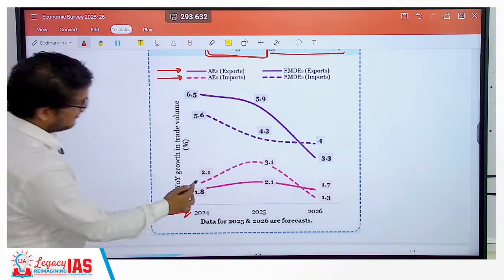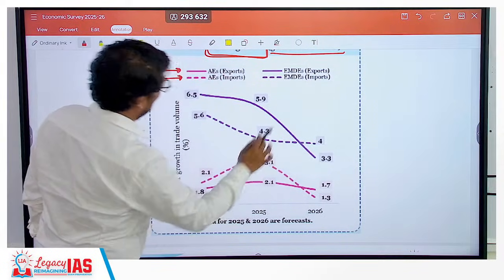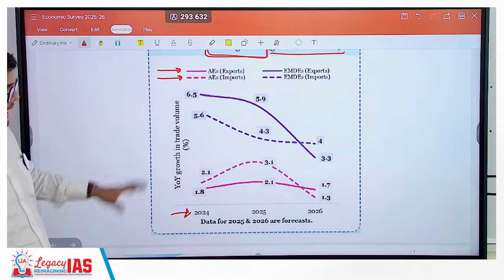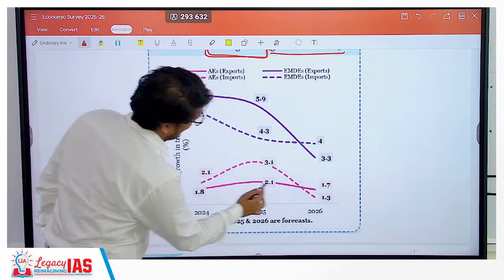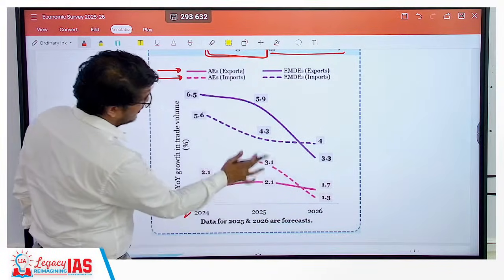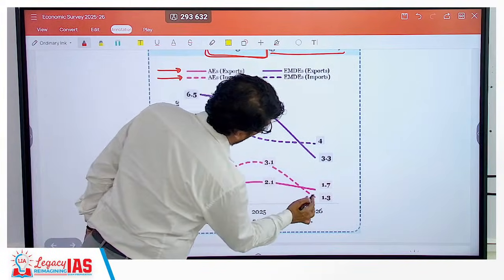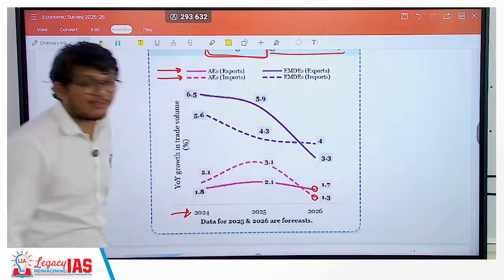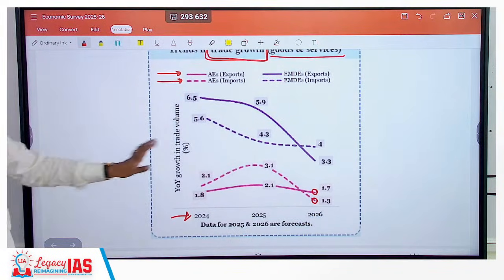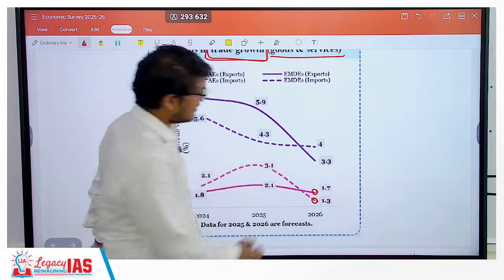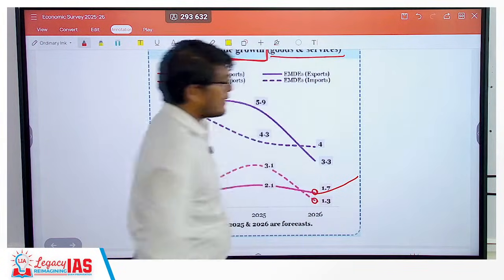You can see the imports have been higher, exports have been lower, right? But the exports are trying to match the imports, and the imports would go down, the exports would be slightly higher, which is a good thing. We have to further wait and ensure that these exports grow.